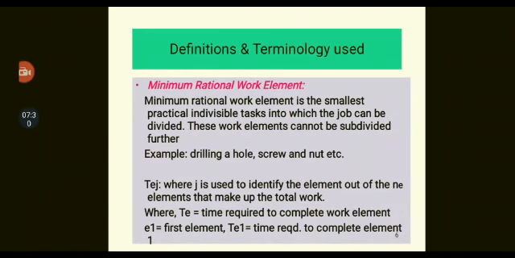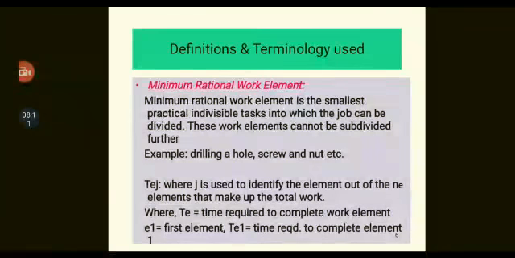For example, drilling a hole, screw and nut, etc. TEJ, where J is used to identify the element out of the many elements that make up the total work, where TE is the time required to complete a work element.